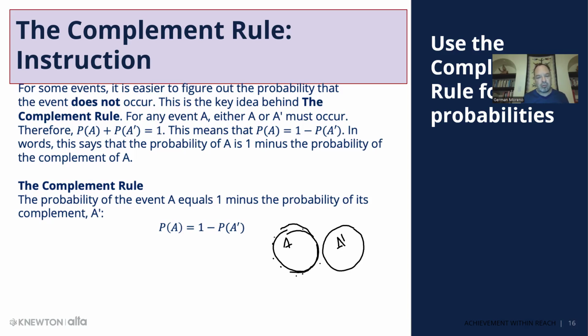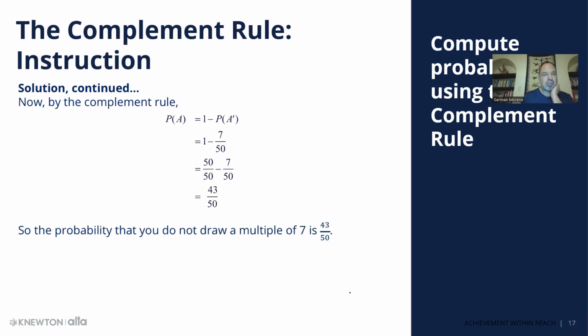There's nothing that overlaps. And so together they make the entire set of elements. If you think of these as probabilities, this could be, say, 3/5, and the other one would have to be 2/5. And so they would always add up to one.